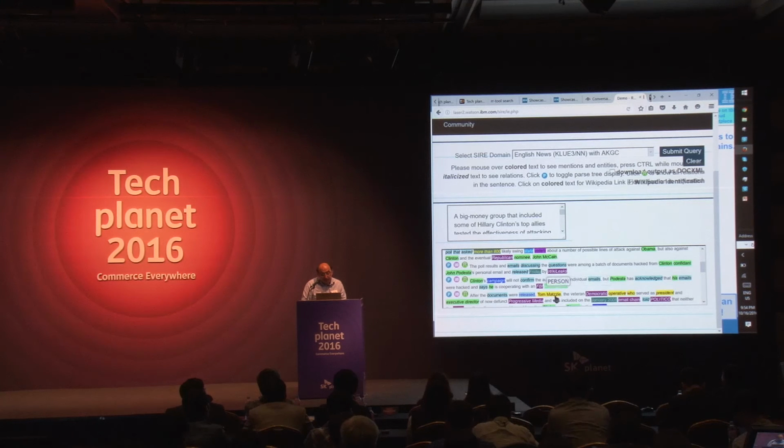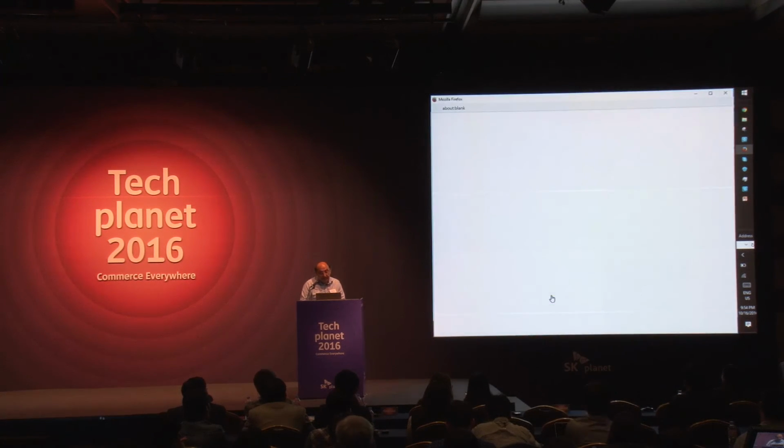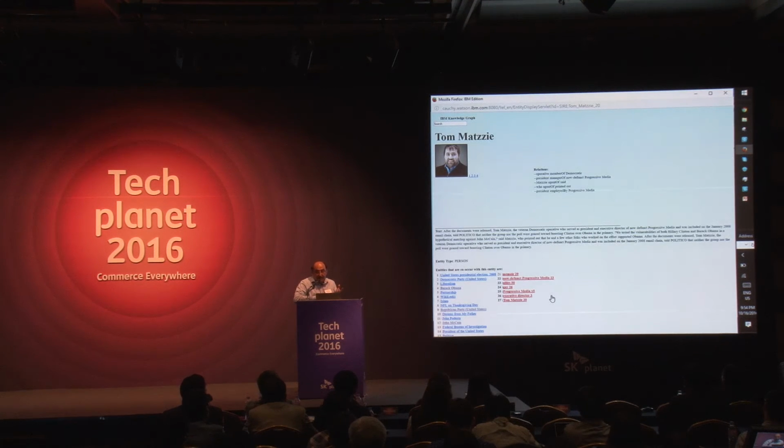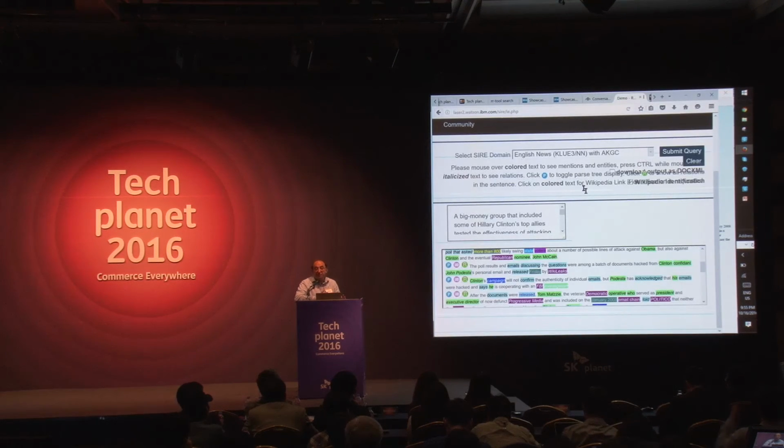So there was this person here, Tom Matzke, and this person is not famous enough to have a Wikipedia page, so the system detects it's a new entity, adds it to its knowledge graph, and it knows he is the president of Progressive Media. So the system is able to process new content and increase its knowledge graph as it's processing content. So this system can be built with Watson Knowledge Studio.